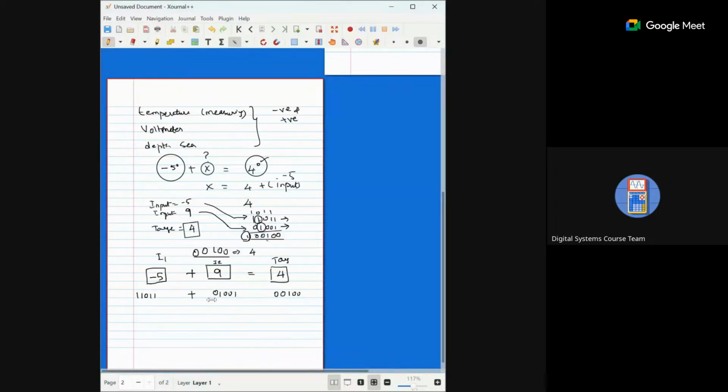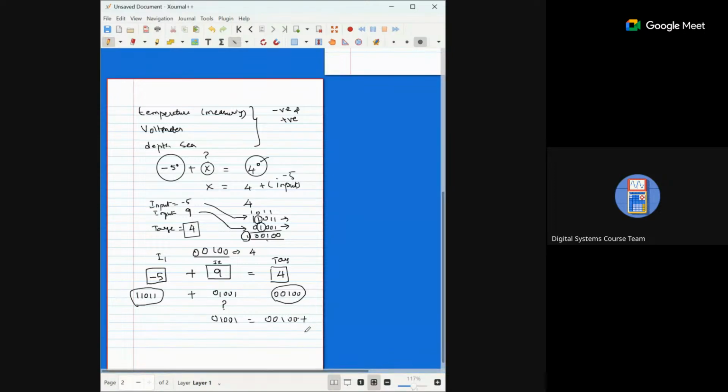So I feed this number, which is taken from some sensing unit, and then I find the target value. Let me put this value as it is, 00100. If I take that negative number to the positive number, it is equal to +5.